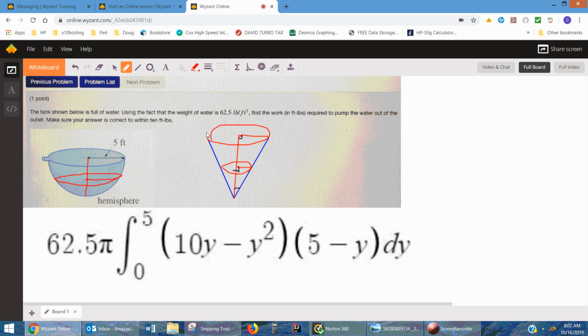I wanted to first draw a picture of this cone to show you the thinking that was originally incorrect by me. I'm so used to doing these cone problems where you draw this radius and then the radius of a typical slice of water down here.